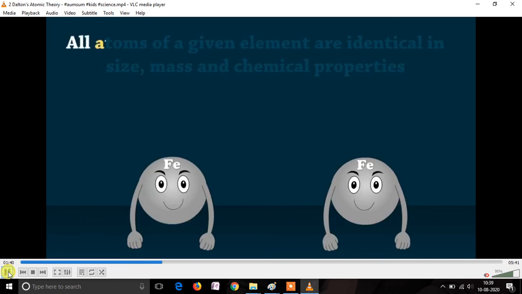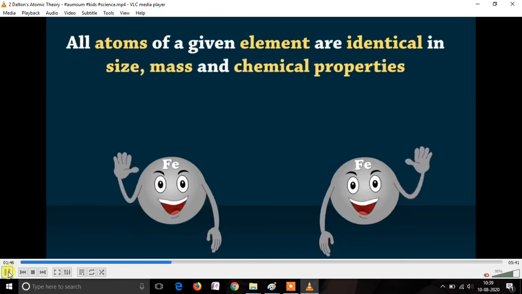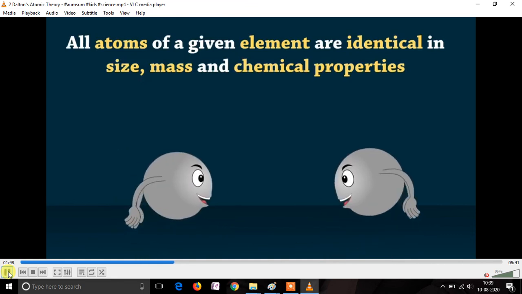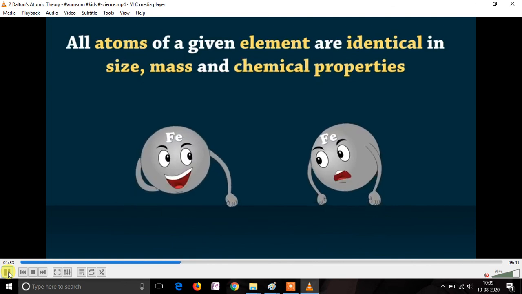The second point says all atoms of a given element are identical in shape, size, mass and chemical properties. Here you can see two different atoms of iron, Fe. These two atoms of iron are very much identical to each other.